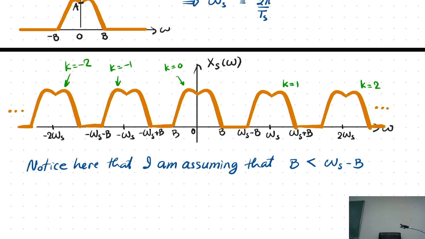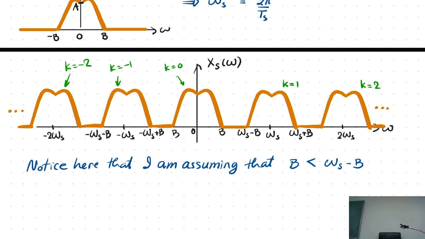I'm assuming that this condition is true because when it is true, this point is located to the right of this point. So the spectra of X are separated nicely, very nicely.